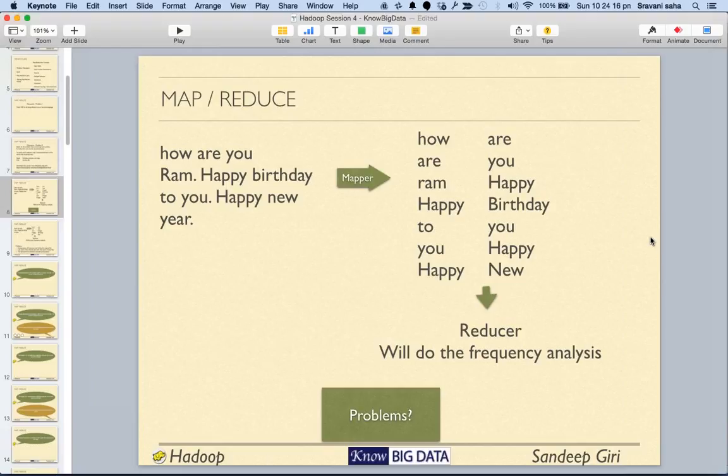Now, when the user types RAM here, we should not be giving a recommendation of happy, because that does not make sense. Correct? And we have to take care of those cases. Although you might argue that these cases are rare, and hence when we do the frequency analysis, these cases will be removed. Correct?